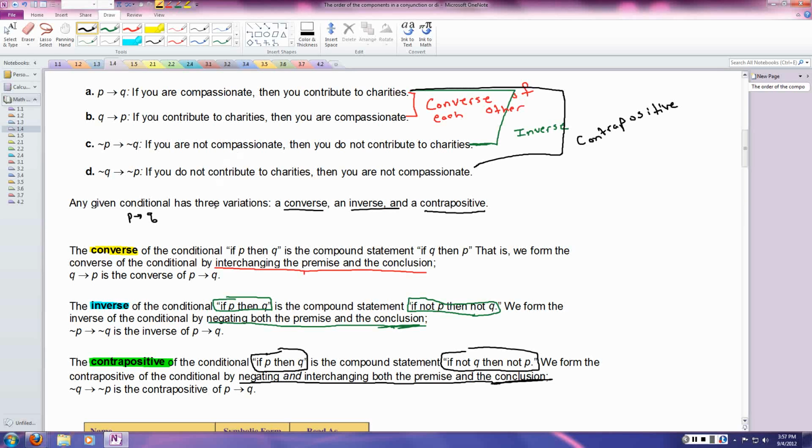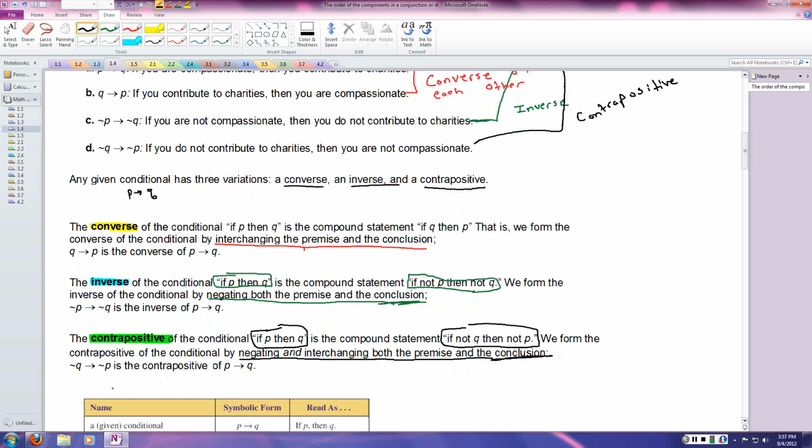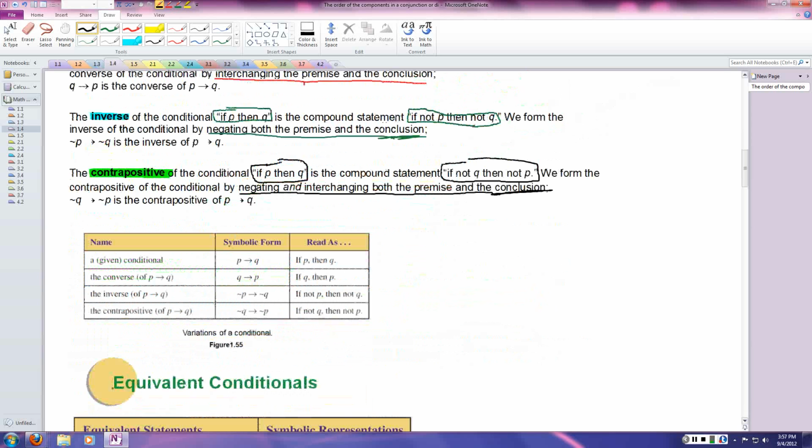Important to know: the converse is just flipping the order. The inverse is just negating. The contrapositive is doing both. If you see this little figure 1.55 in your book, it gives you the three different variations of a conditional.